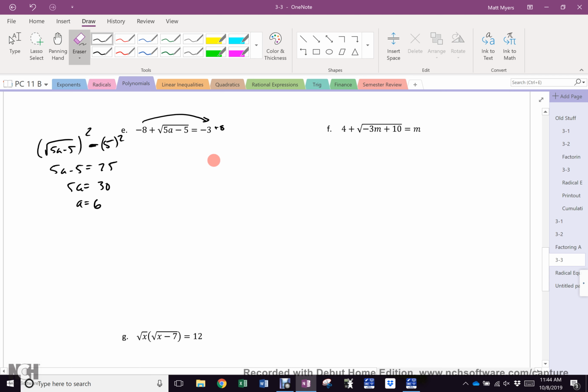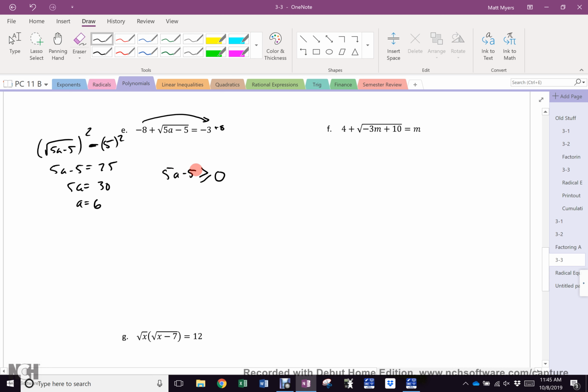So that means that 5a minus 5 can never be negative. So that expression must always be greater than or equal to 0. Always. It can't be negative. Then you just do algebra.